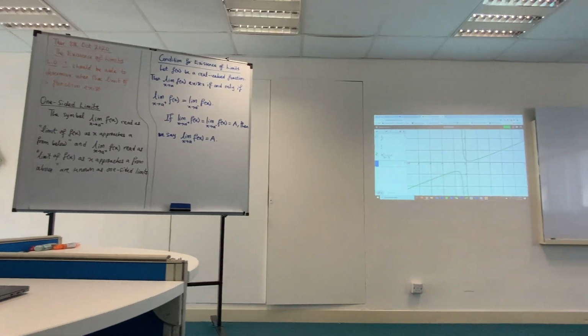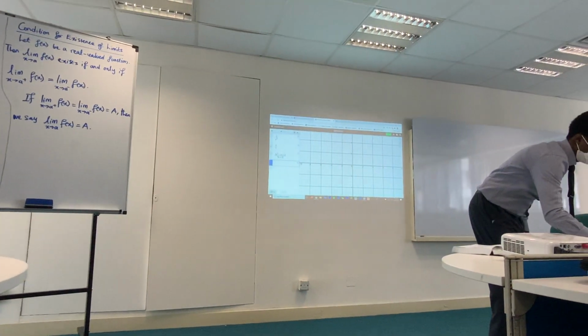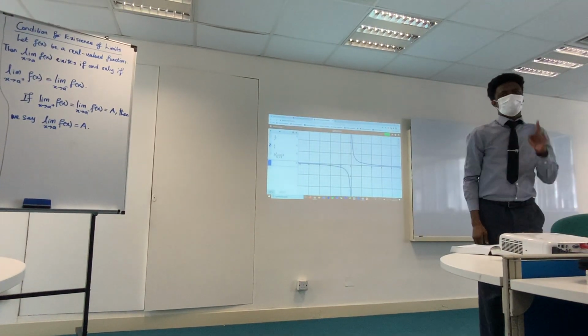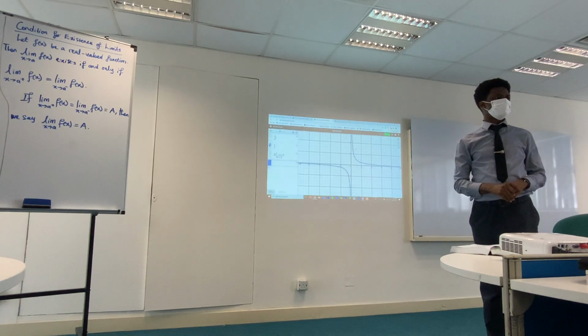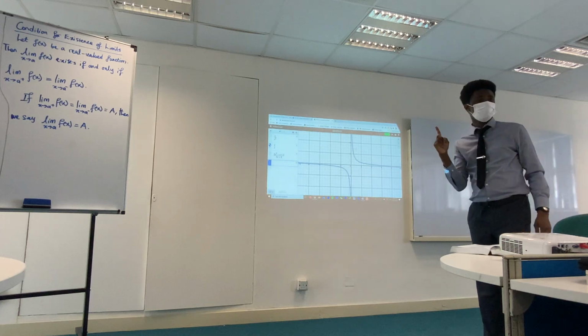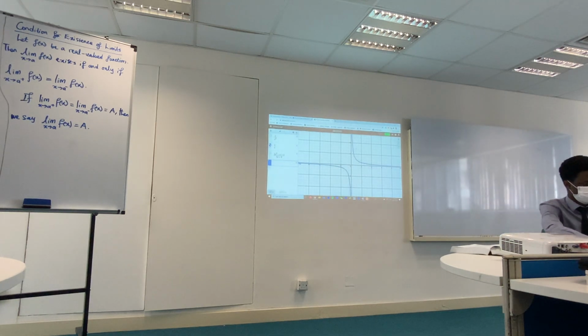Remember, when x tends to 1, the limit tends to 2. That tends to 1 also. Look at that function. Let's look at y is equal to 1. No, it's 0. Oh, when x tends to 1, this is 1, right? Okay.